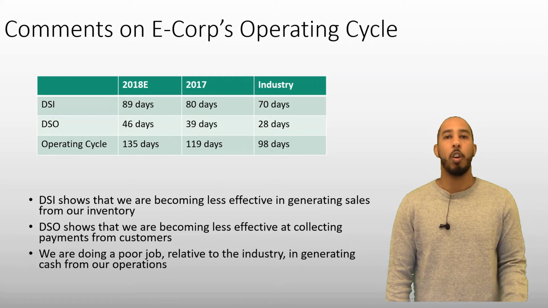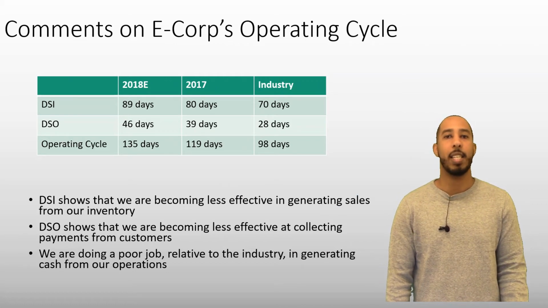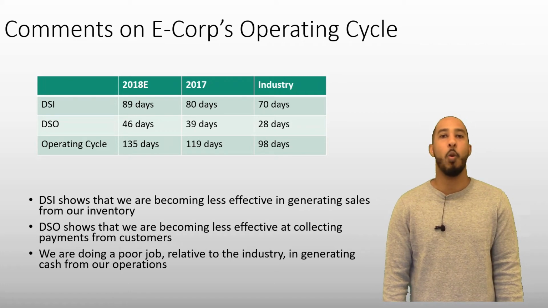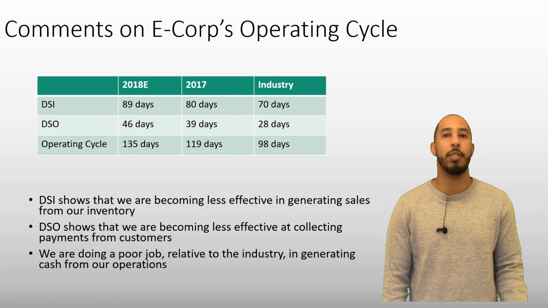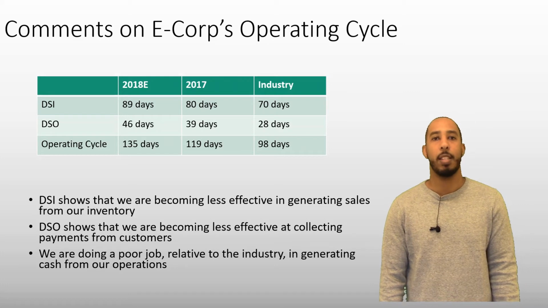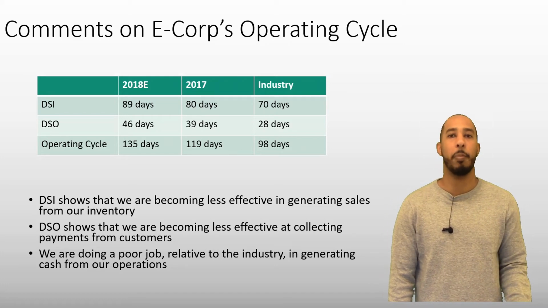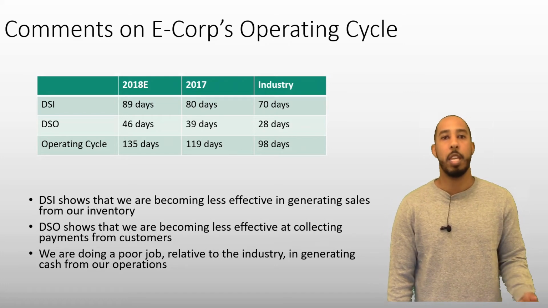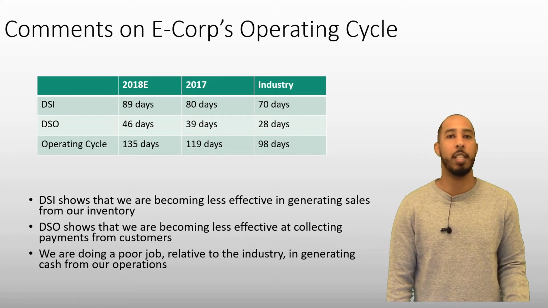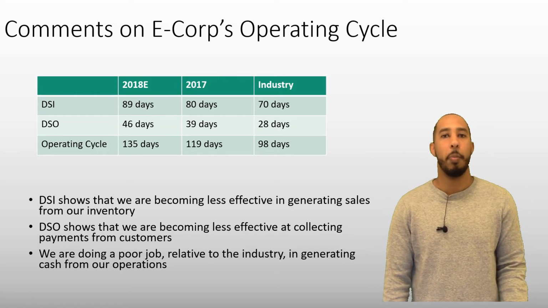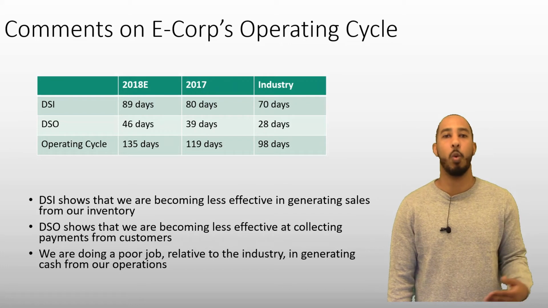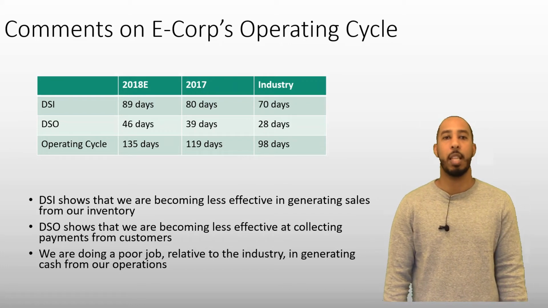It's taken them longer to turn the production process into cash. They're also doing a poor job on every dimension relative to their industry competitors. This analysis identifies areas for E Corp to improve. Maybe E Corp can impose stricter standards on customers to get them to pay quicker, or maybe they can train their sales staff to sell inventory quicker. Something should be done to get them on the right track.